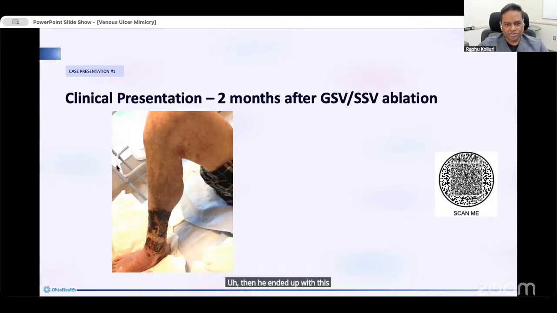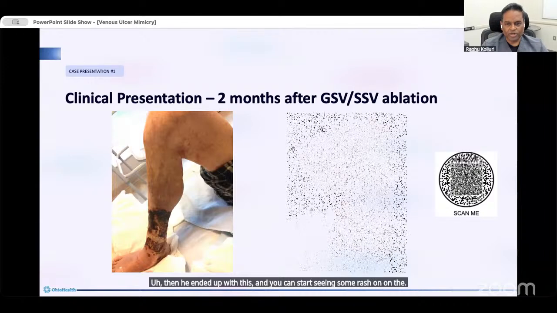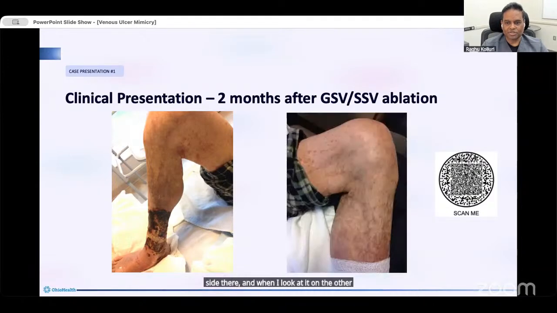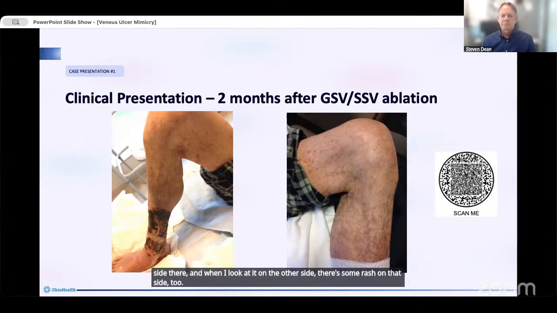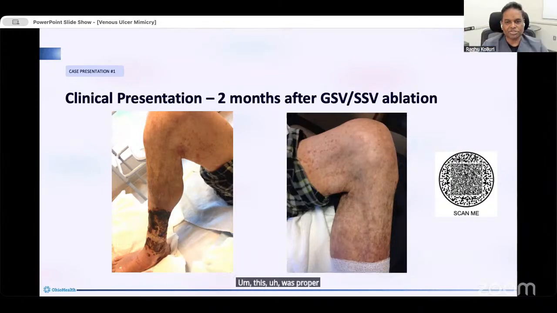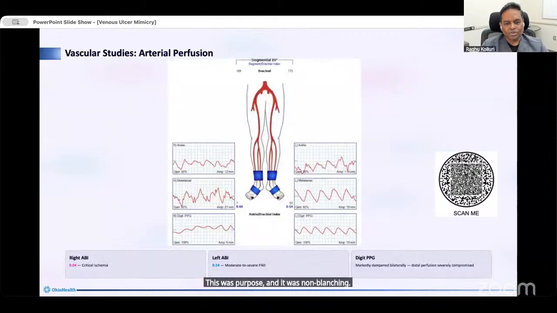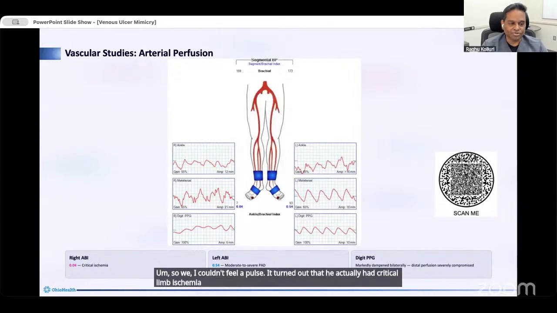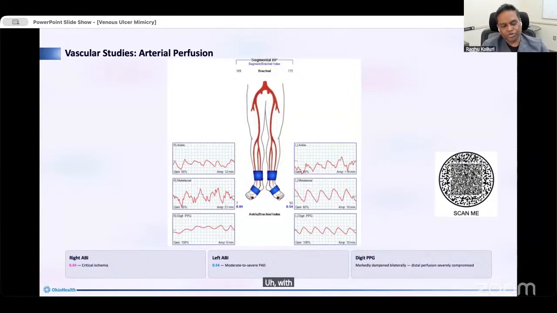And you can start seeing some rash on the thigh there. And when I look at it on the other side, there's some rash on that side too. This was purpura, and it was non-blanching. So I couldn't feel a pulse. Turned out that he actually had critical limb ischemia, arterial disease too, with ABI of 0.04 on the right side and 0.52 on the left side.